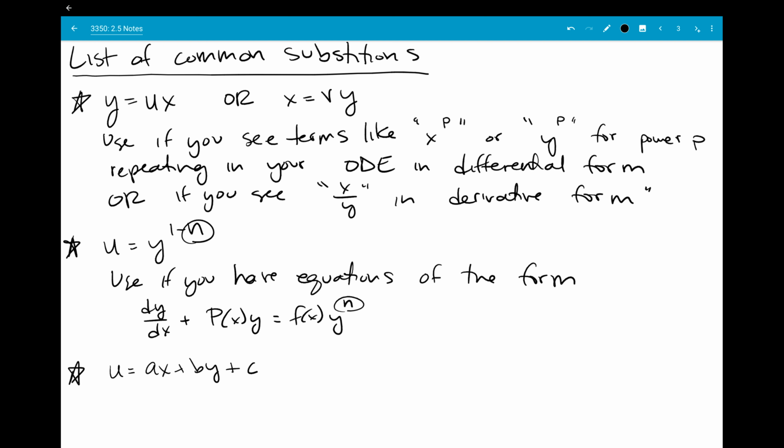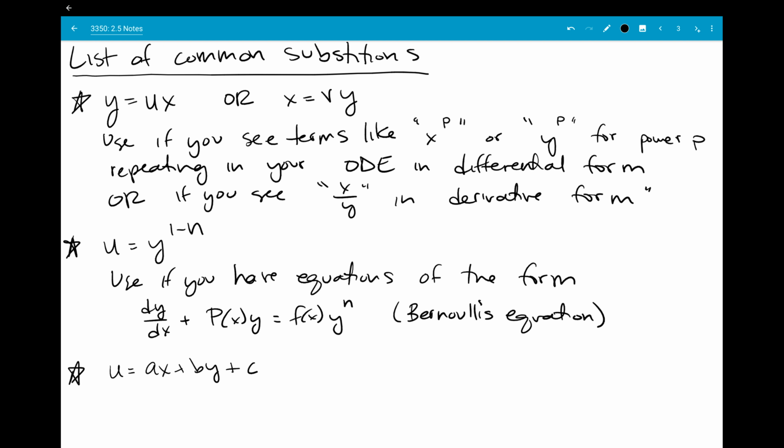That n right there is the same n as you use in the substitution. This is Bernoulli's equation, for some function p of x and some function f of x.